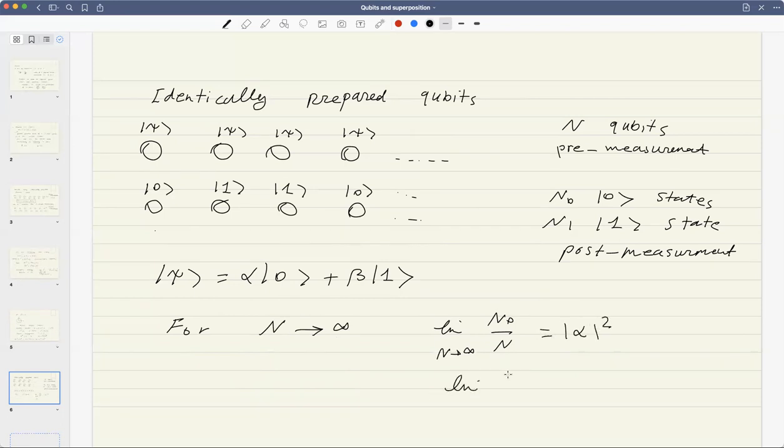And the limit of n1 over n when n goes to infinity is going to be my absolute value of beta squared.